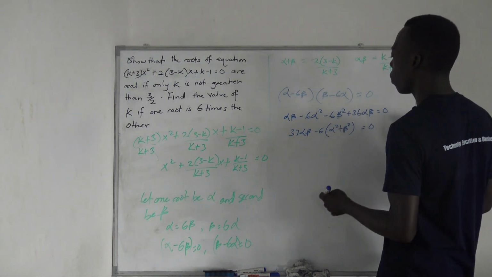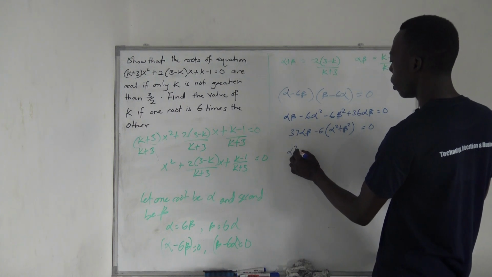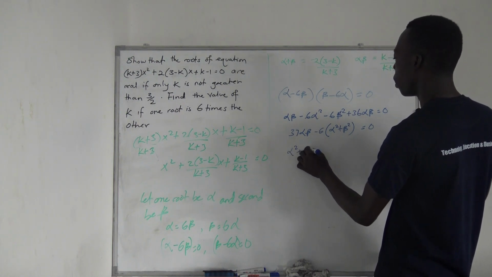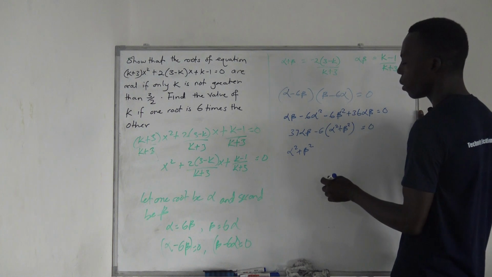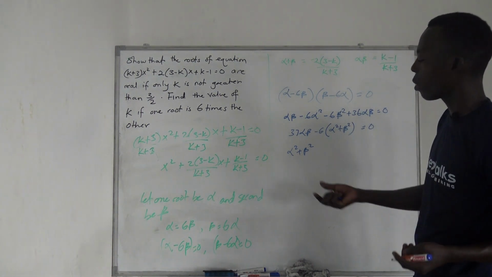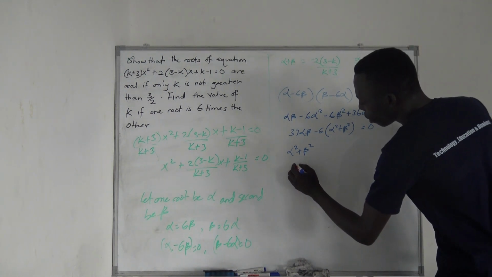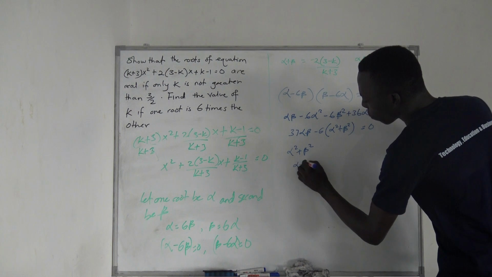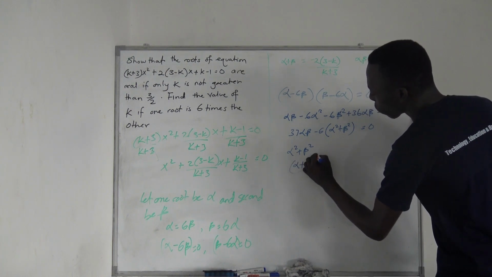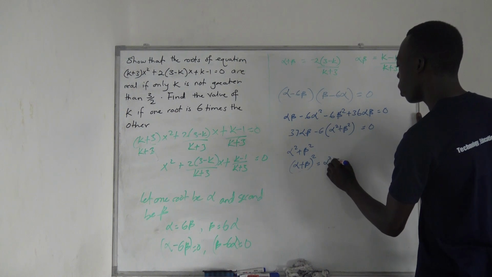When we are expanding alpha plus beta squared, we ask which number we can expand so that we get alpha squared plus beta squared. The other time it was alpha plus beta, the whole thing squared, so that we get alpha squared plus beta squared.